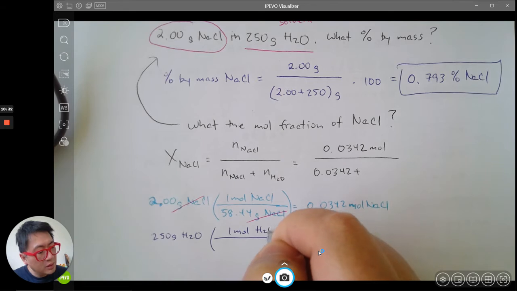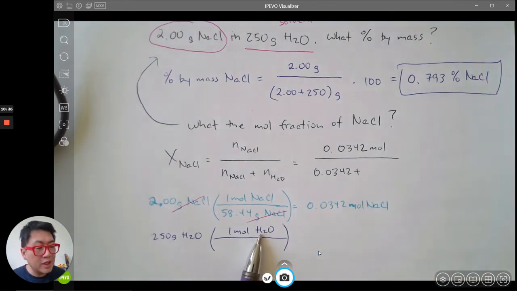The molar mass of water would be how much 2 moles of hydrogen weigh and 1 mole of oxygen weigh. Hydrogen on the periodic table, 1.01. Oxygen on the periodic table, 15.9994, or 16. I just know that because I've done this many times. You have to look up hydrogen on the periodic table, 1.01, and oxygen is about 16.